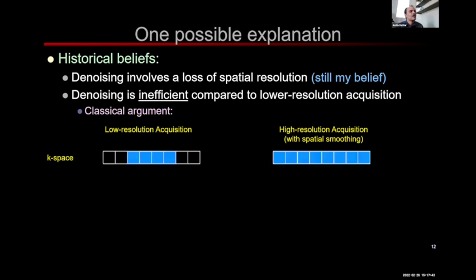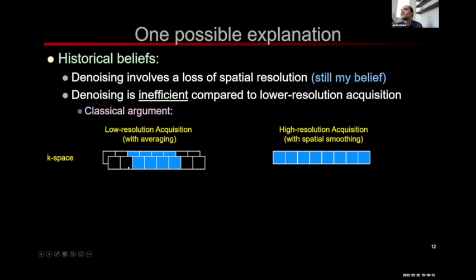In K-space, the low resolution acquisition is just collecting data at low frequencies where we're missing the high frequency information. But with a high resolution acquisition, we're sampling every single point in K-space. There's a problem here that this low resolution acquisition is much faster to do than this high resolution acquisition. So to keep everything fair and the same, let's just do averaging of the low resolution acquisition.